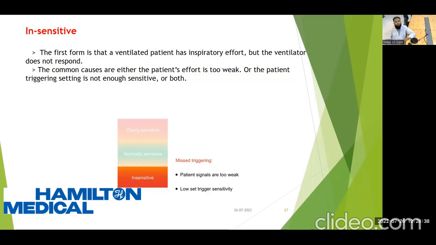The common causes are, number one, the patient effort is too weak, and number two, the setting by the end user is not appropriate. You will face this when the patient signals are too weak or the trigger sensitivity is set too low.